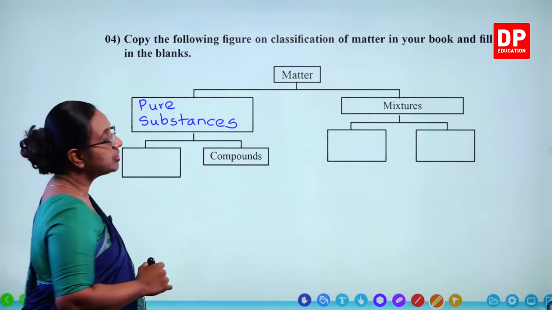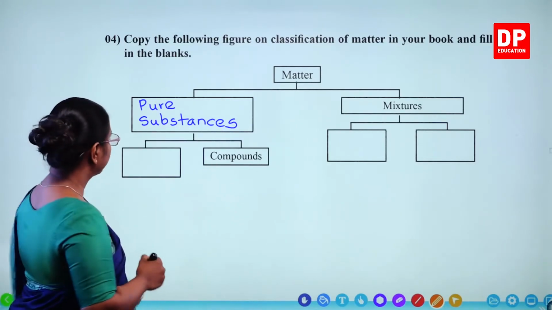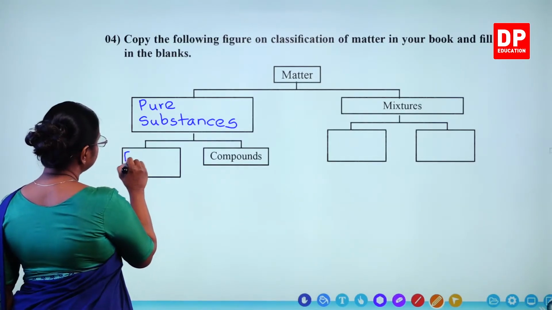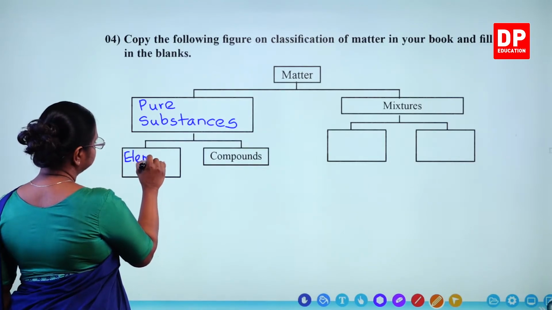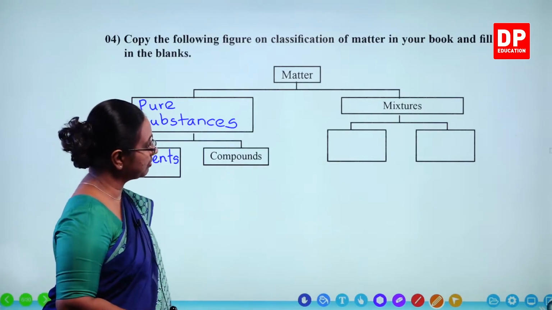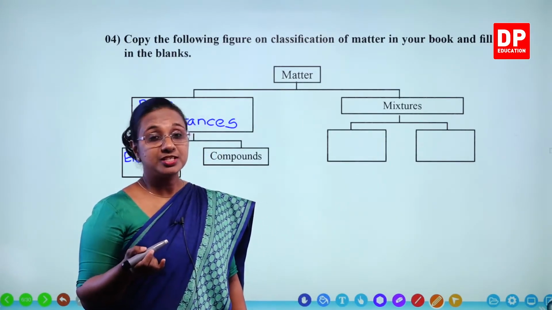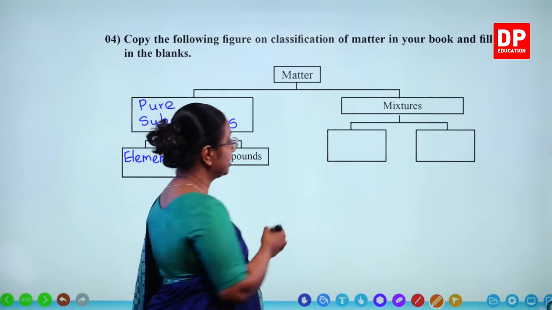And under pure substances, what do you have? Elements and compounds. So, compounds are given to you. This has to be elements. Then under mixtures, what are the two types? The homogeneous mixture and the heterogeneous mixture.